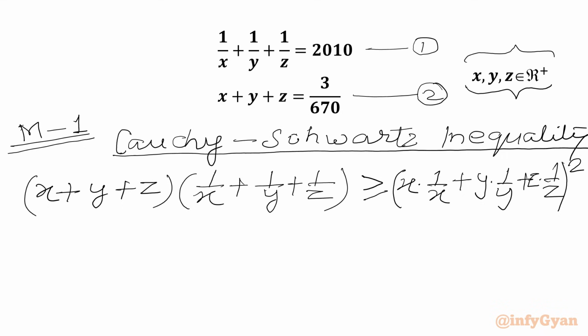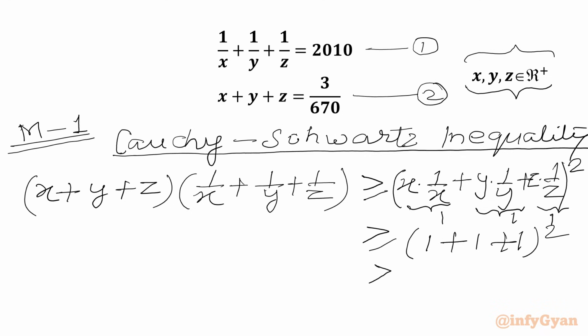Now x over x is 1, y over y is 1, z over z is 1. So we can write this should be greater than or equal to 1 plus 1 plus 1 whole square, or greater than or equal to 3 square, or greater than or equal to 9.